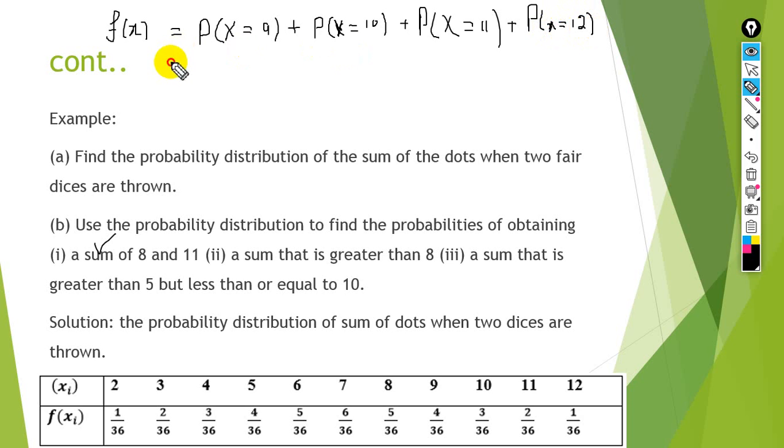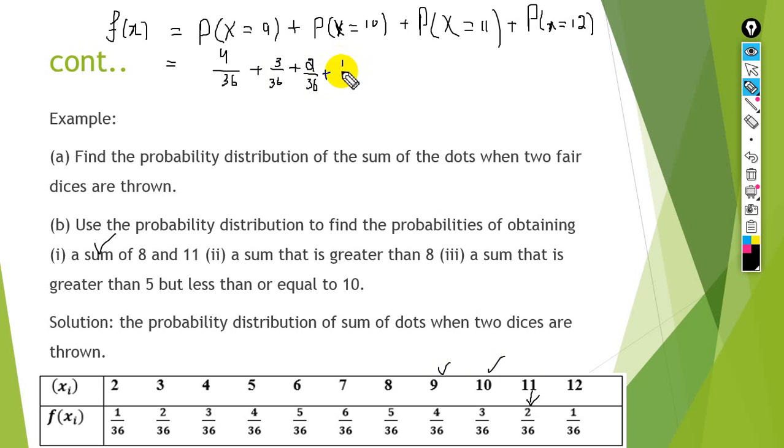Okay, so now what is the probability of 9? The probability of 9 is 4 divided by 36, plus the probability of 10 is 3 divided by 36, plus the probability of 11 is 2 divided by 36, plus the probability of 12 is what?